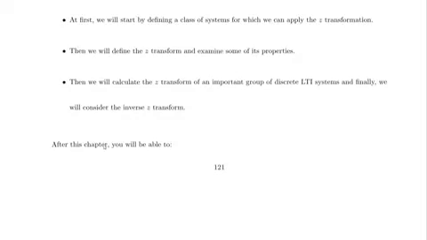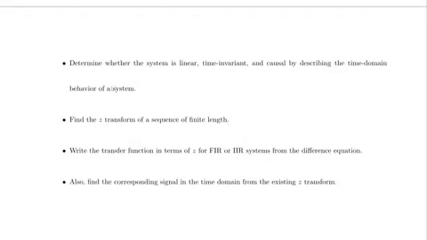After this chapter, you will be able to determine whether the system is linear, time invariant, and causal by describing the time domain behavior of a system, find the Z-transform of a sequence of finite length, write the transfer function in terms of Z for FIR or IIR systems from the difference equation, and also find the corresponding signal in the time domain from the existing Z-transform.